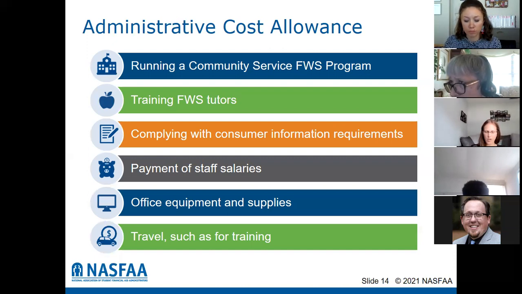So which of the following actions would or would not be allowable for you to do? Could you carry forward up to 10% of your federal work-study funds to next year? Is that something you could do so you don't have to return any of it?